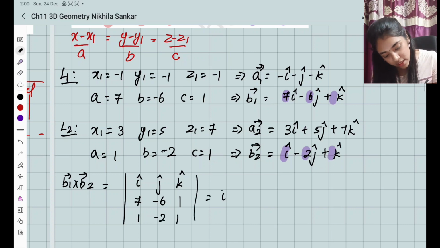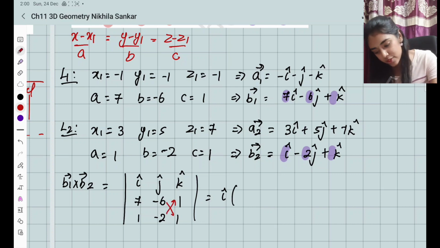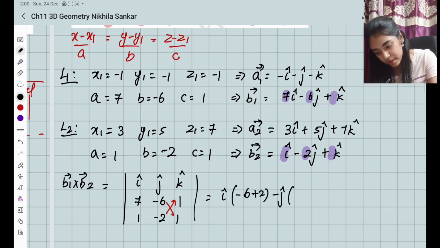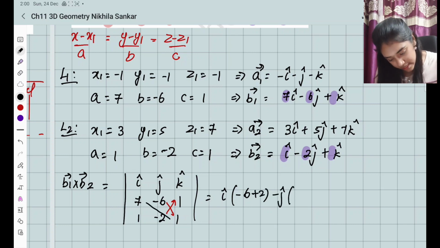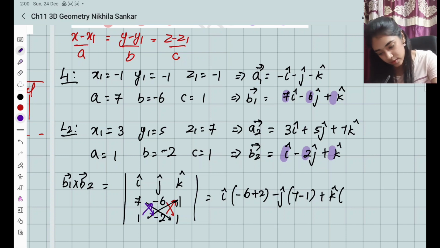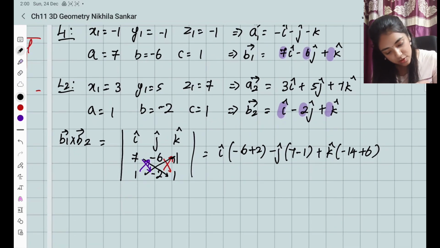When I take the determinant I have i cap times minus 6 plus 2, minus j cap times 7 minus 1, plus k cap times minus 14 plus 6. So this is going to be minus 4 i cap minus 6 j cap minus 8 k cap.